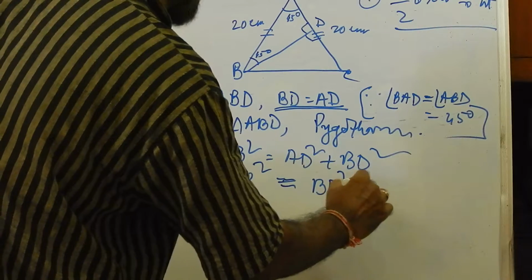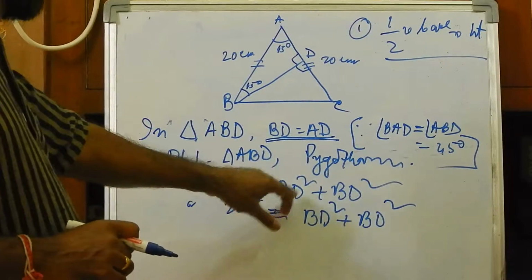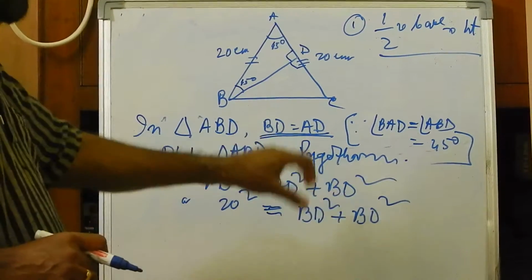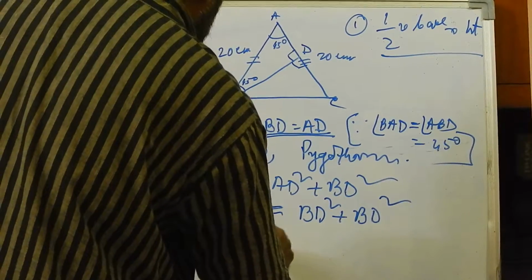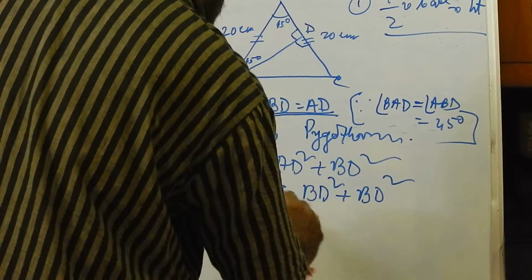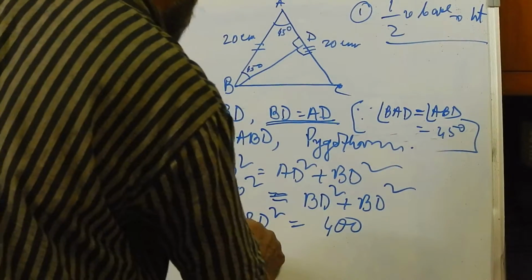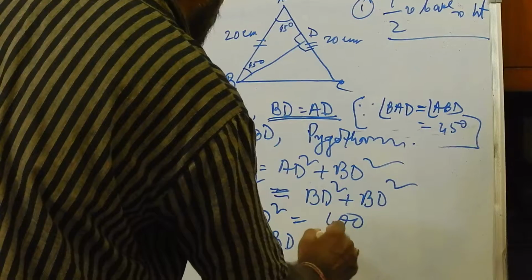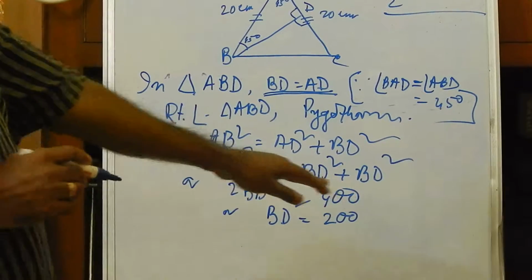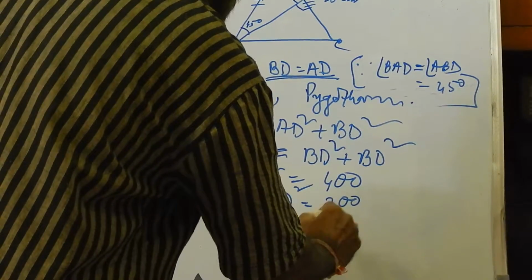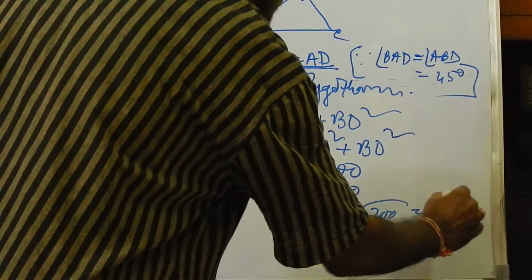So BD square plus BD square, 2 BD square equals 20 square, 400. So BD square equals 200, or BD equals root over 200, that means 10 root 2 centimeter.